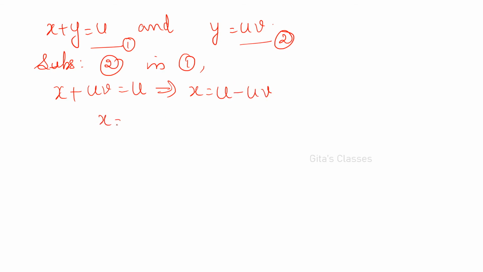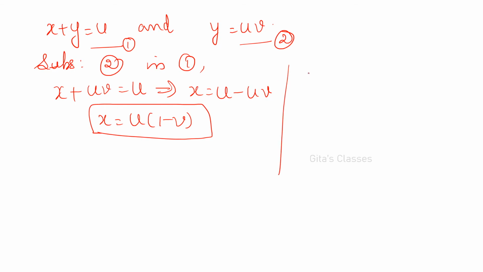That is x is equal to u into 1 minus v. So we got x in terms of u and v alone. This is 1. Then y is equal to uv, already it is given. It is a pure function of u and v only. These are the substitutions.